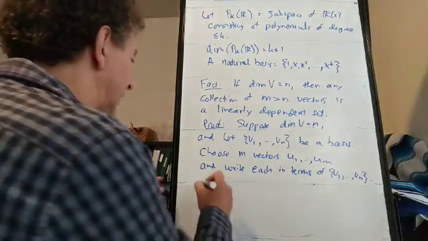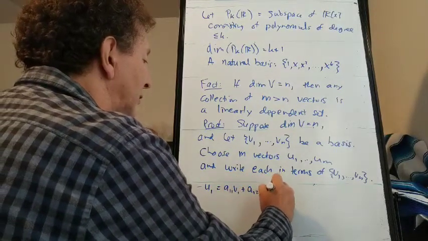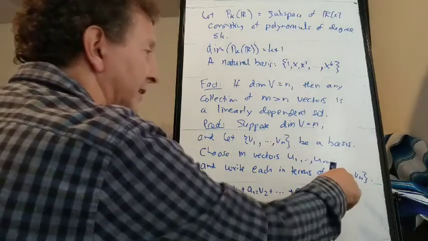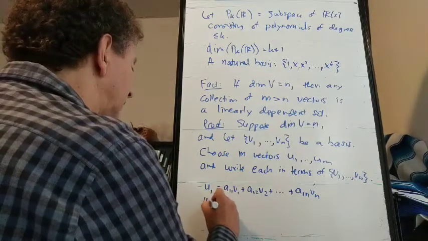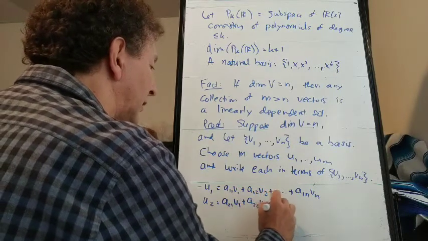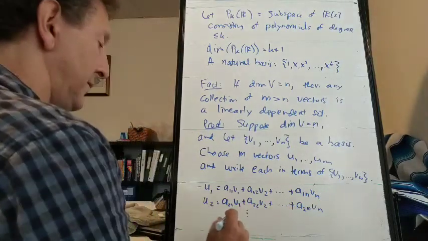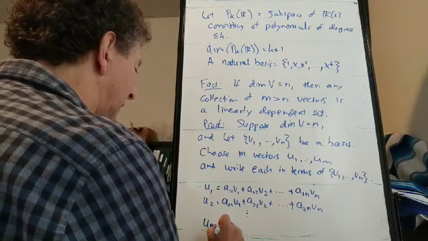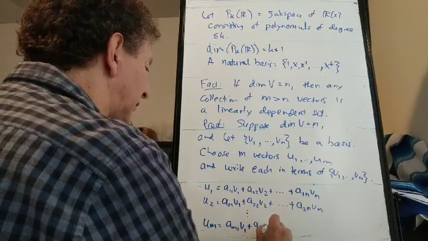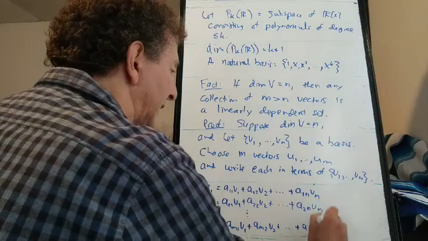So then we have u1 equals a11 v1 plus a12 v2, etc., plus a1n vn, because there's n elements in the basis. And then u2 equals a21 v1 plus a22 v2, etc., a2n vn. And we'll have m equations, up to um equals am1 v1 plus am2 v2, etc., up to amn vn.